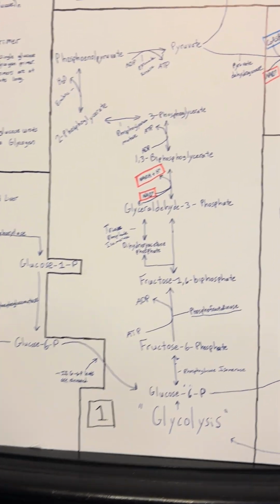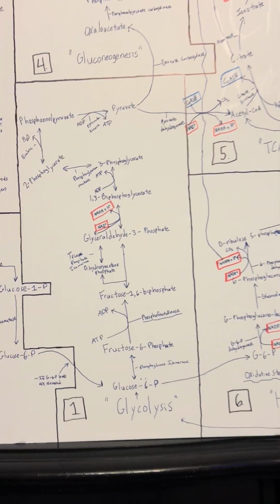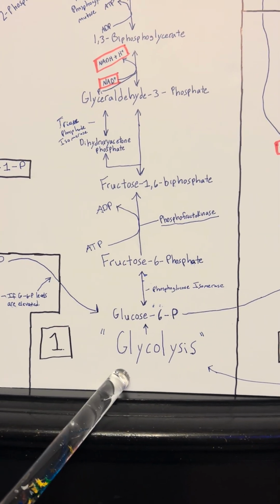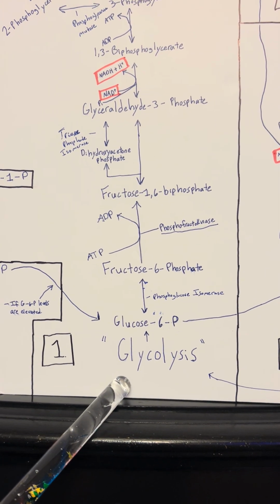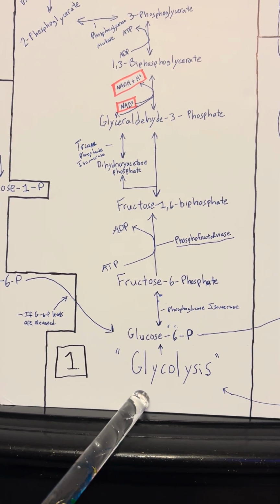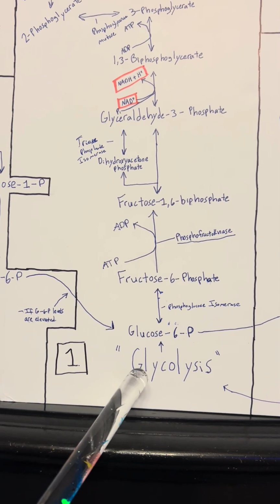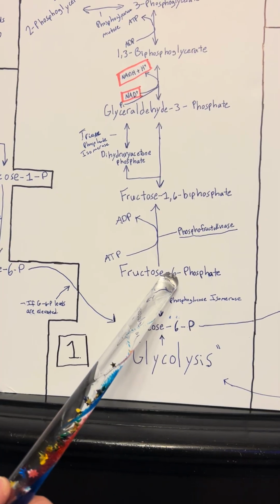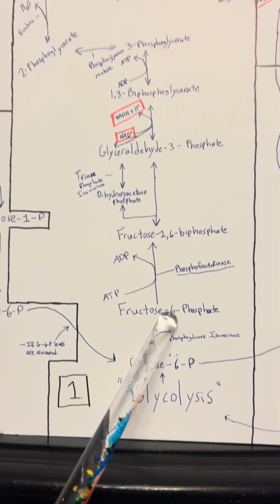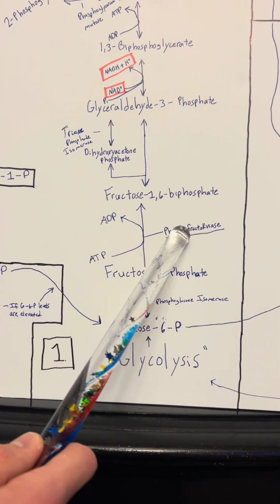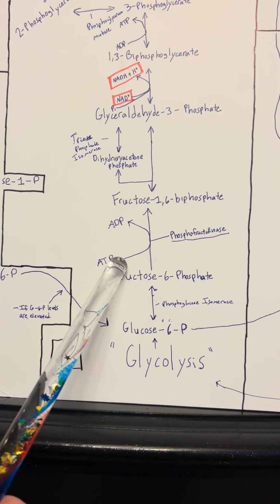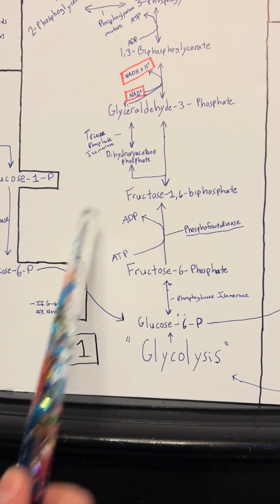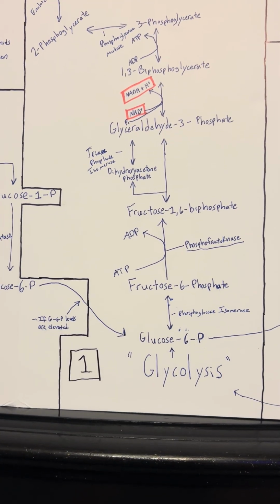In here, as we enter glycolysis from glycogenolysis, phosphoglucose isomerase converts this glucose 6-phosphate into fructose 6-phosphate right here. Phosphofructokinase uses ATP to convert fructose 6-phosphate into fructose 1,6-bisphosphate right there.